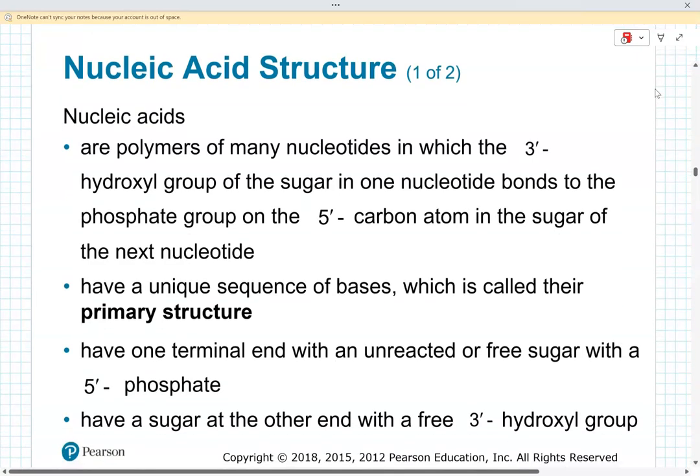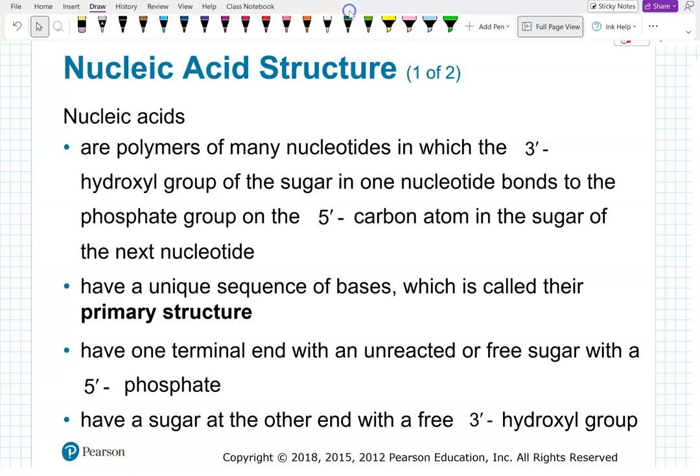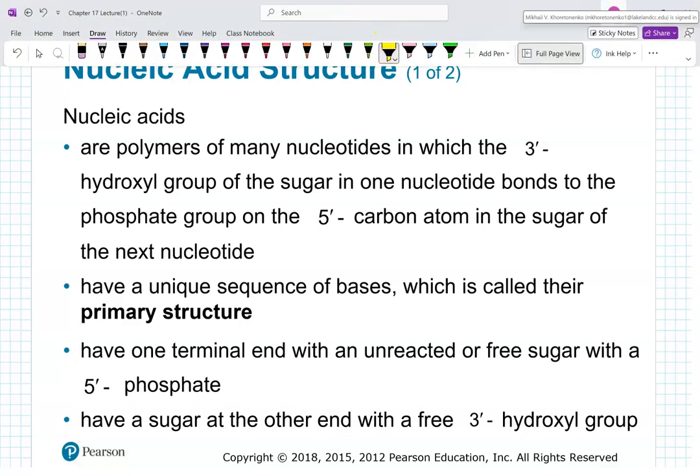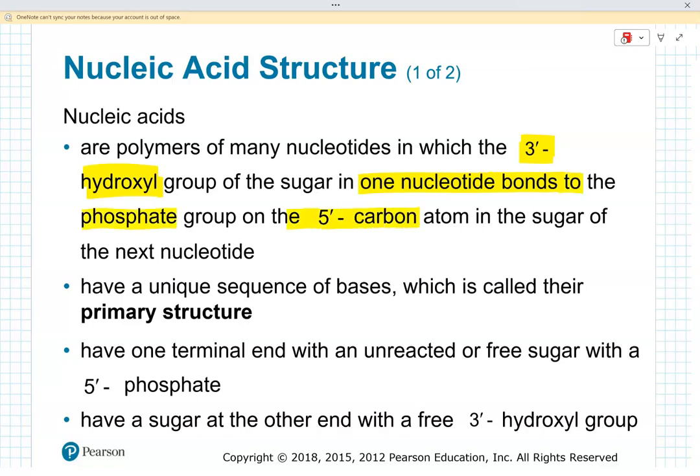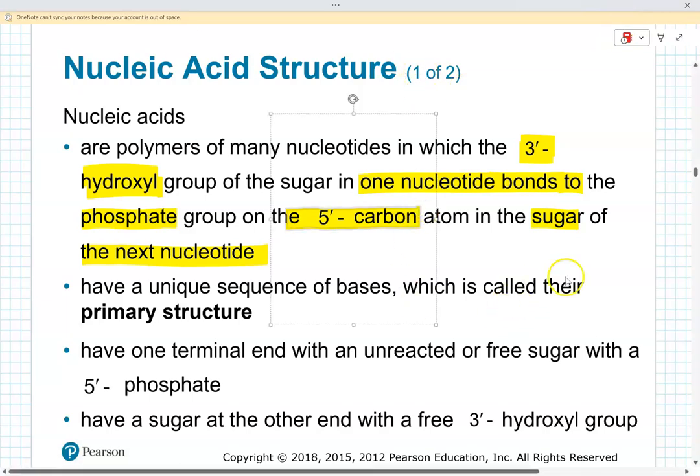In the nucleic acids, the 3' hydroxyl of one sugar bonds to the phosphate on the 5' carbon in the sugar of the next nucleotide. I'm going to go between the slides to illustrate my point. Okay?